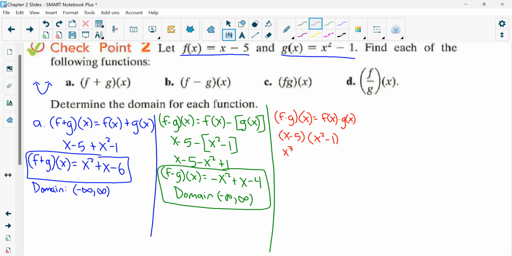X times negative 1 is negative x. Negative 5 times x squared is negative 5x squared. Negative 5 times negative 1 is positive 5. And of course, we're going to combine any like terms, which we don't have any, but we are going to write it in standard form. So f times g of x equals x cubed minus 5x squared minus x plus 5.